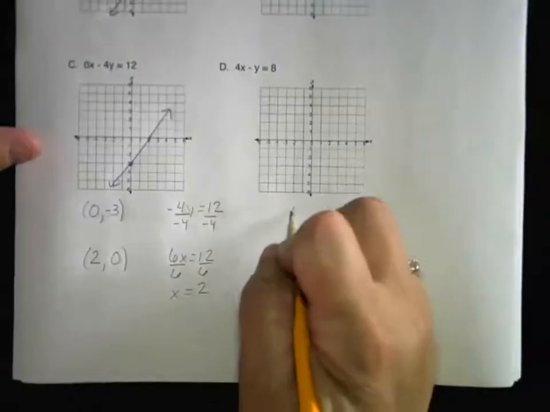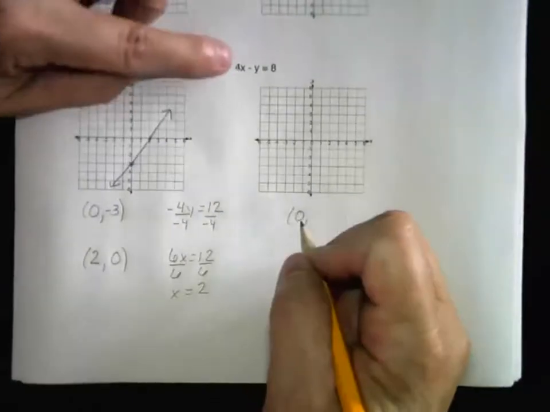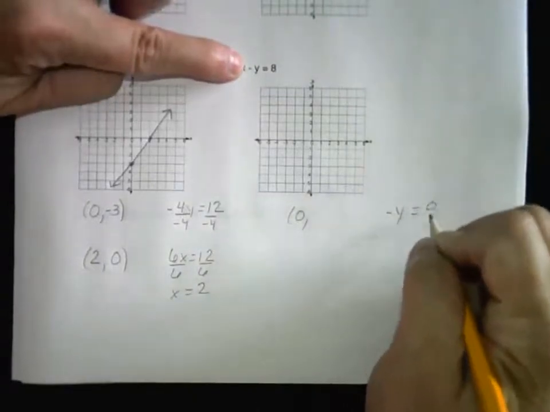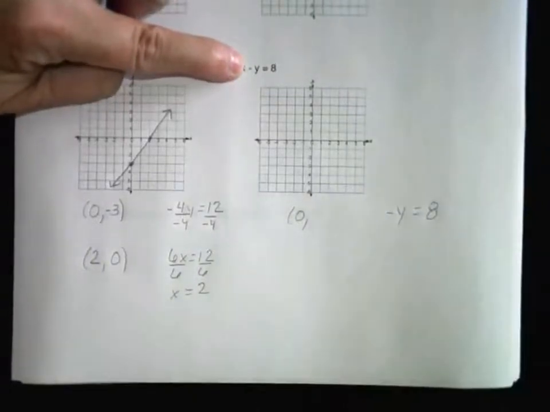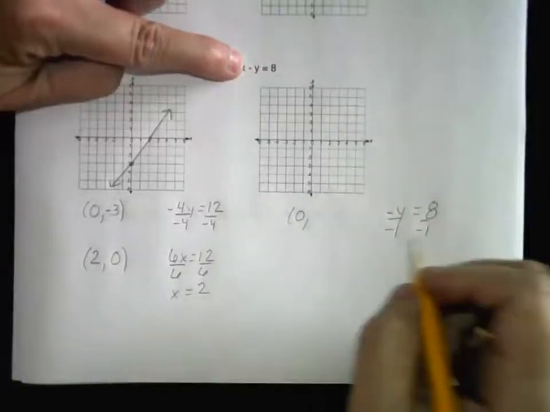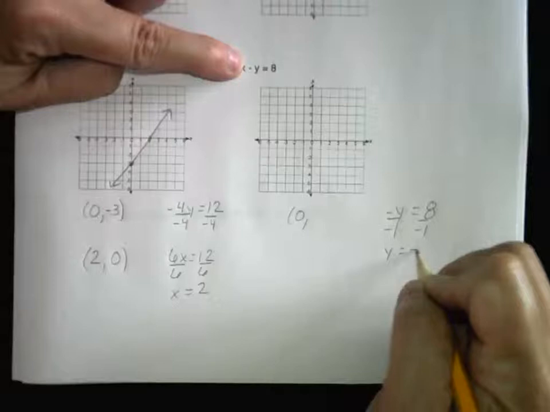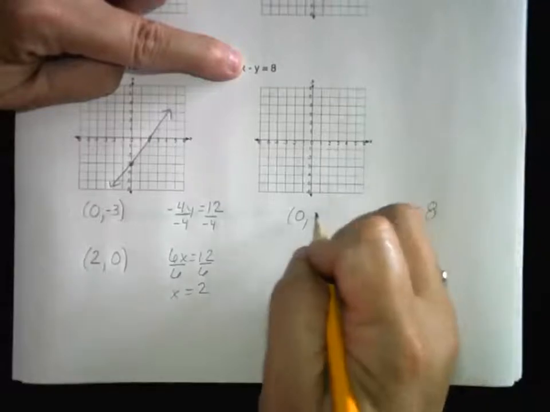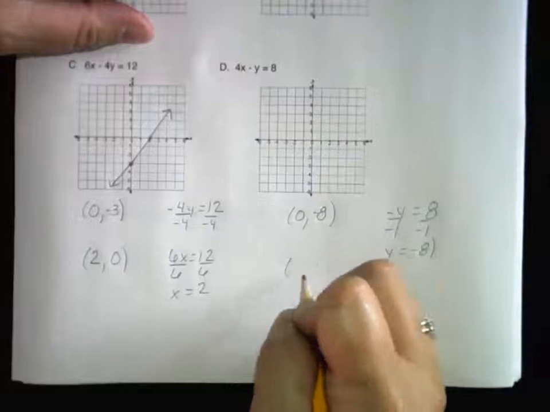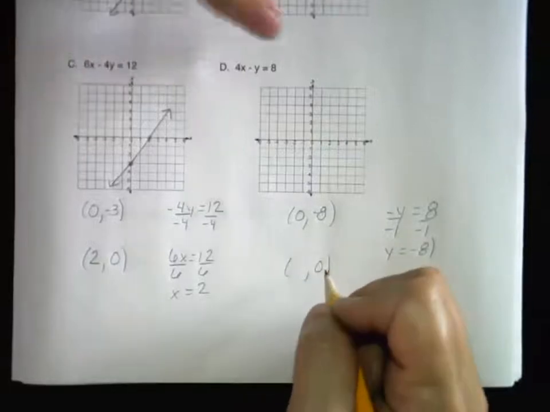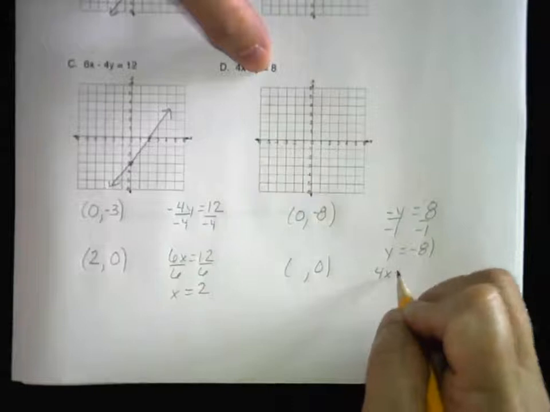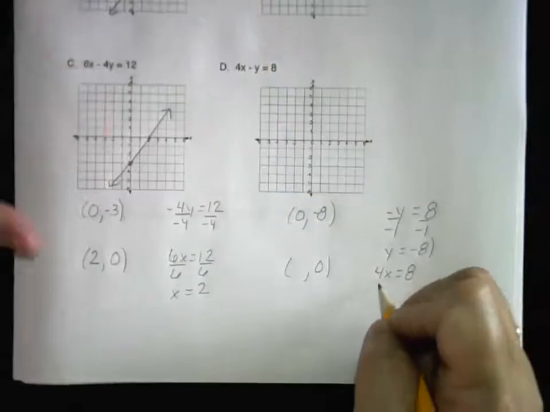Letter D, if x is 0, and that gets covered up, you have negative y equals 8. Dividing both sides by negative 1, y then equals negative 8. Might be off our graph a little bit. And if y equals 0, and we covered that up, you have 4x equals 8.